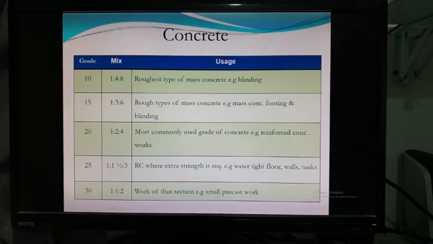For precast concrete components, we have to go to the higher grade concrete, like grade 30 and above. Okay, because usually the section of this precast concrete component is quite thin. So we need to use better and higher grade concrete.